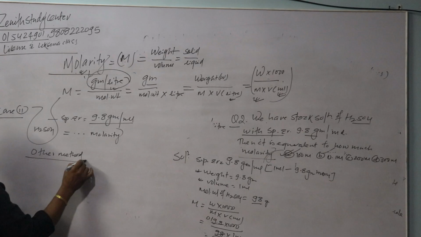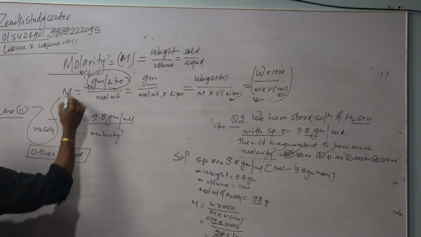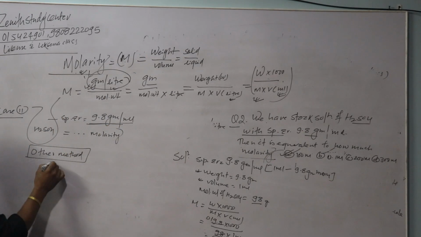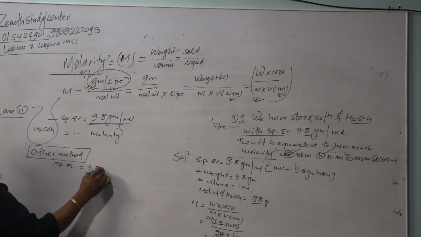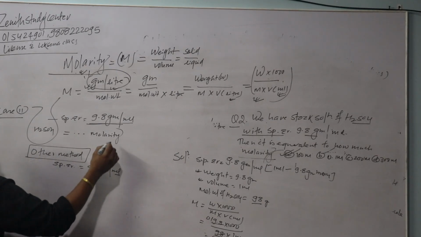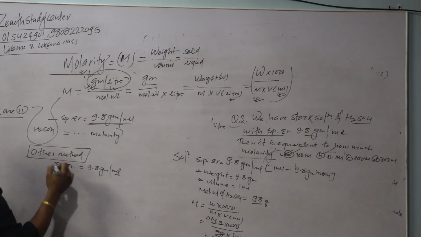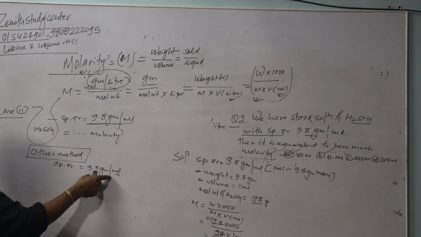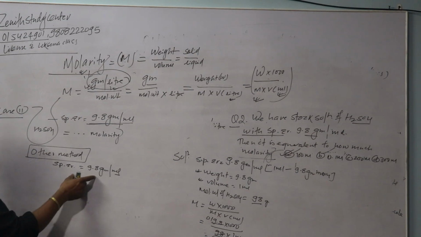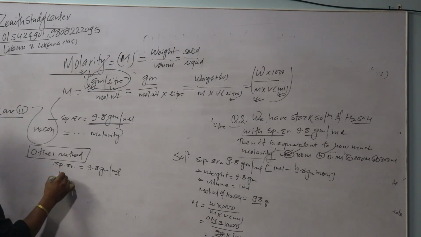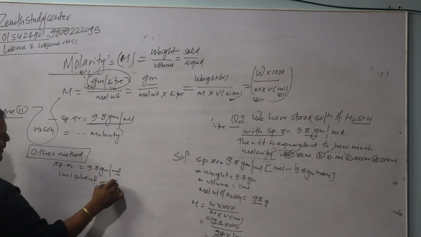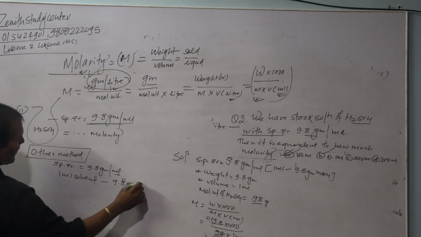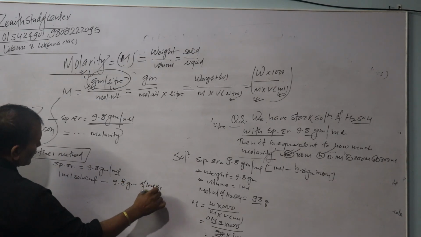So now another method. If you want to calculate using the formula gram per liter, here the given specific gravity is 9.8 gram per ml, but your formula has gram per liter, so it should be converted to gram per liter. What is the meaning of 9.8 gram per ml? 1 ml of solvent contains 9.8 gram of H2SO4.